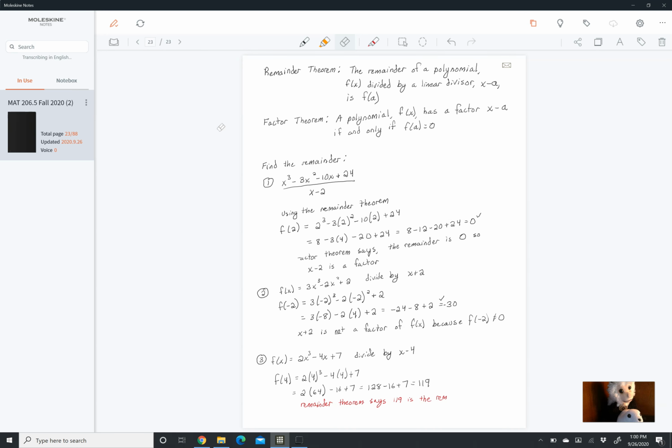The factor theorem says x minus 4 is not a factor because f of 4 is not equal to 0.